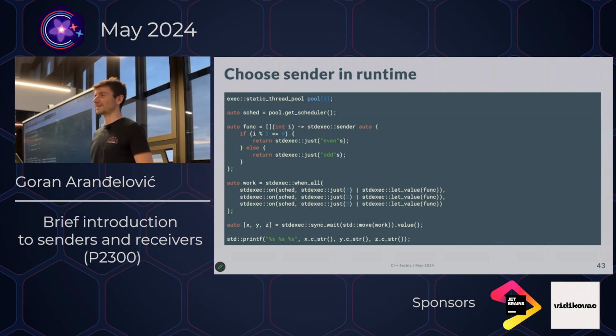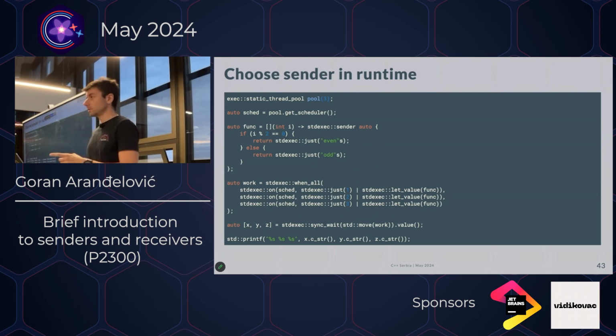You will get more accustomed to that wording. Let value will just create a new sender, right? But you can first check at runtime what, for example, the value of i was, and if the value of i is even, then you will produce a different sender, and if not, you will produce another one.